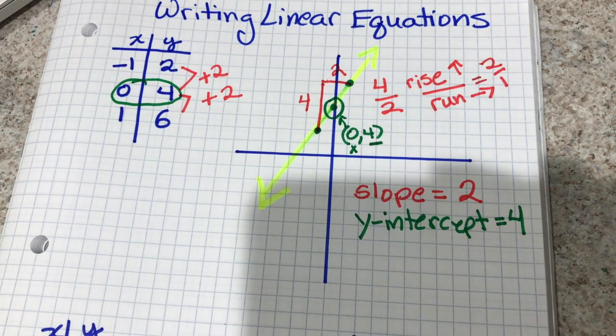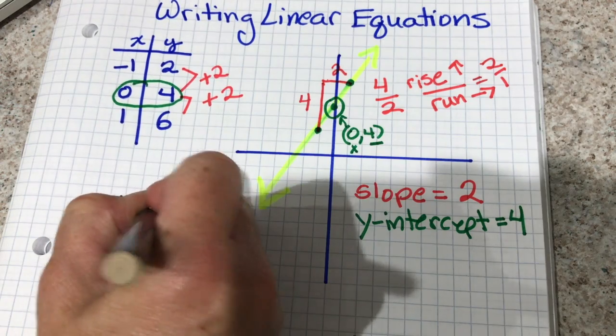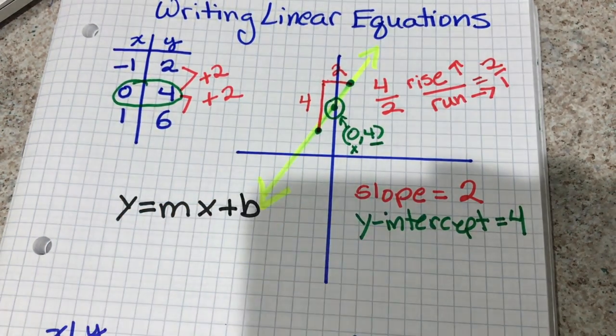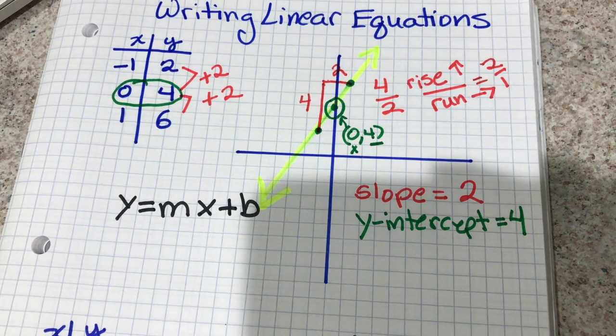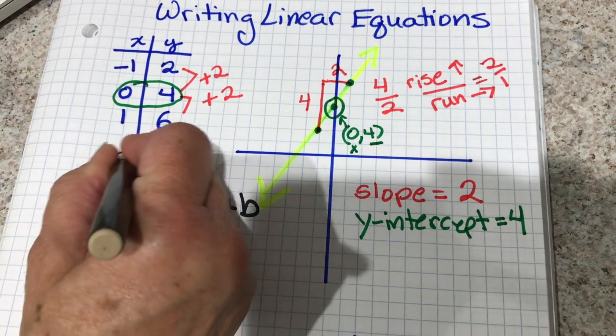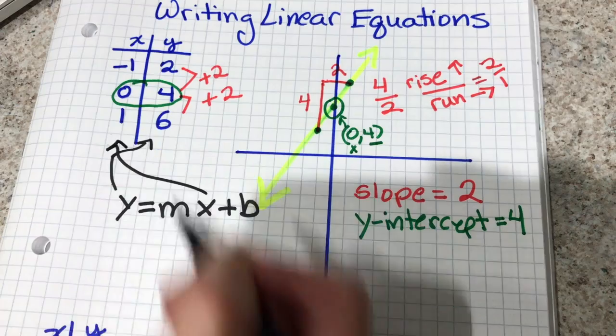Now I can use this information to write an equation for this line. The general equation for a line is y equals mx plus b. But what does that mean? Well, y is from the graph over here. X is from the graph as well.